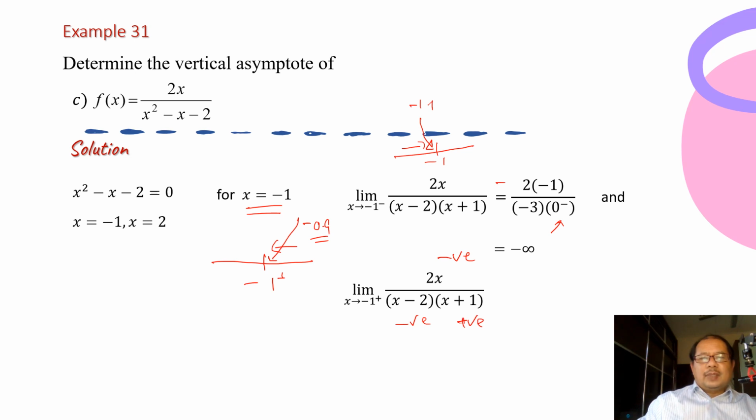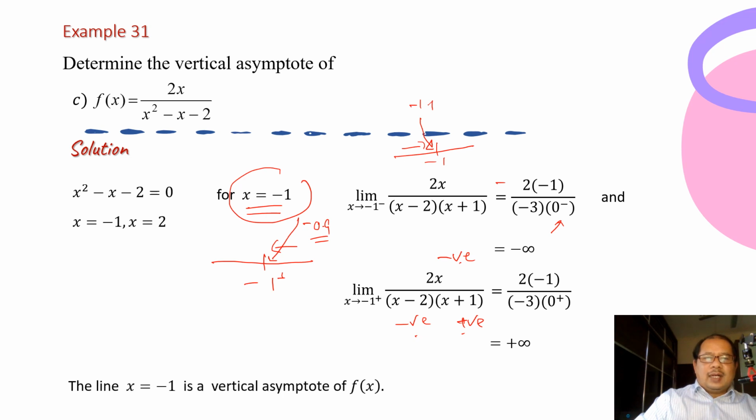Negative 0.9 plus 1 is positive. So negative, negative, positive. You get the answer positive infinity. Therefore, we can conclude that the line x equal to -1 is a vertical asymptote of f(x).